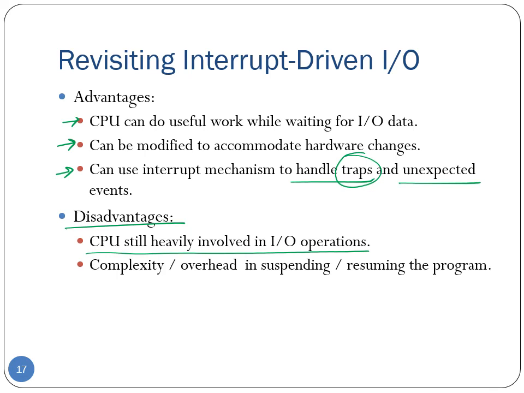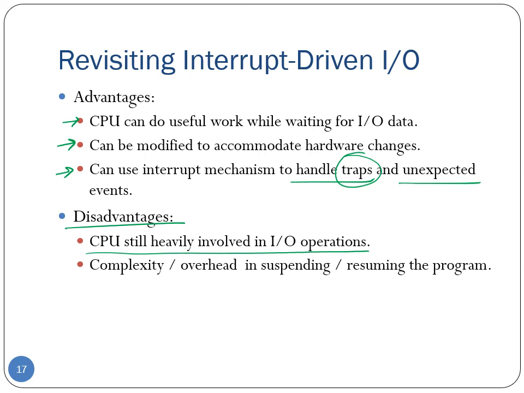When the IO device is done, it will send an interrupt. On receiving the interrupt, the CPU will suspend the currently executing process. It will go gather the data from the IO device, let's say, and then set the IO device to transfer the next byte or next word. Then again the CPU goes back, and this process is repeated for every word that the CPU needs to transfer.